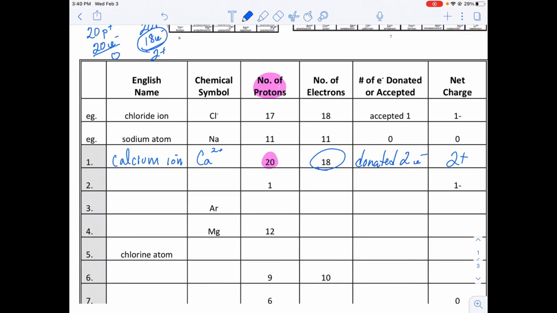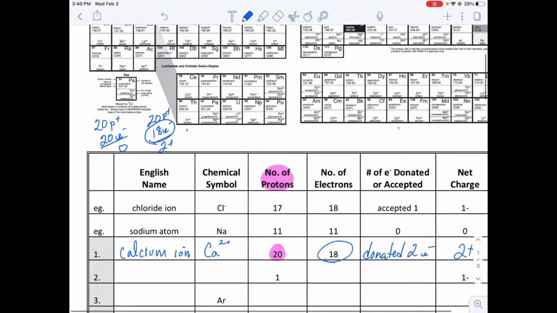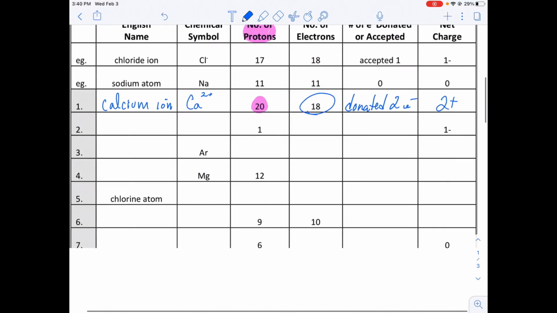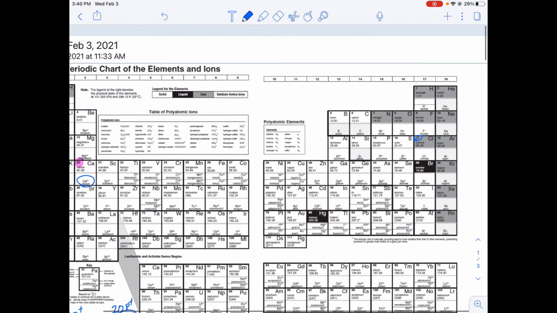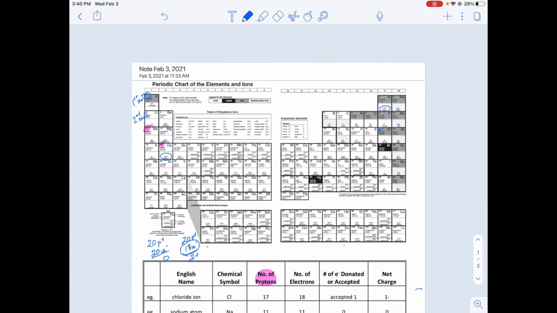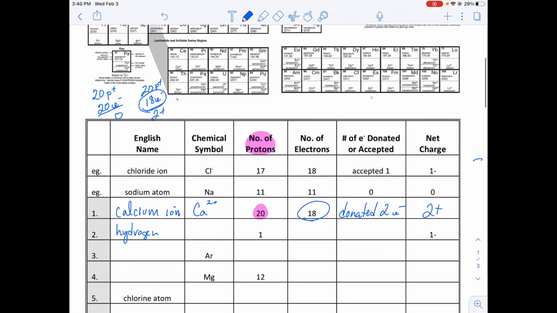Here, we've got one proton, and I can go up here and I can see that one proton is hydrogen. Now, hydrogen in this case has a 1 negative charge, and so hydrogen is listed twice here, and it's called a hydride ion when it's a 1 negative charge. This is not my favorite example. Hydride ions are very uncommon.